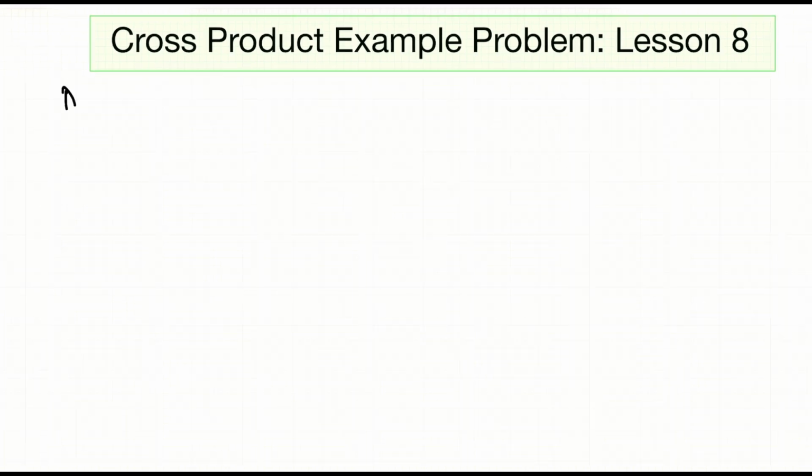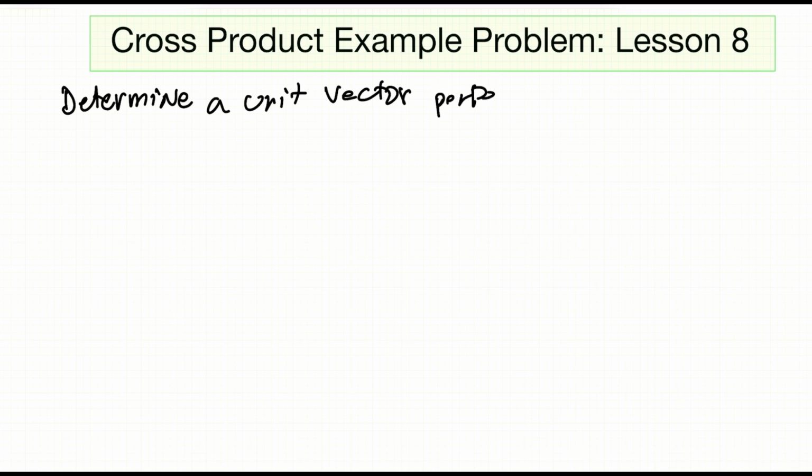So first of all, the problem is we want to determine a unit vector perpendicular to a plane, and the plane is going to be defined by two vectors here.